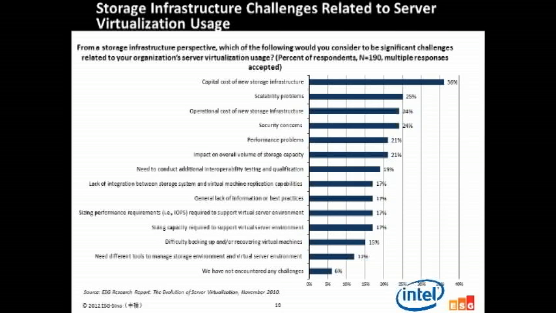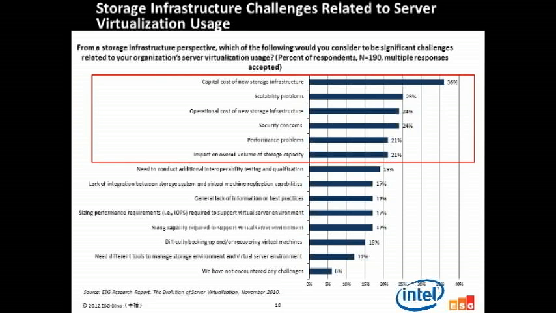We conducted research on storage challenges related to server virtualization, and it indicates the capital cost of new storage infrastructure is number one. As we talked about early on, traditional storage has many limitations for server virtualization, particularly as server virtualization maturity increases. The number two storage challenge is scalability.